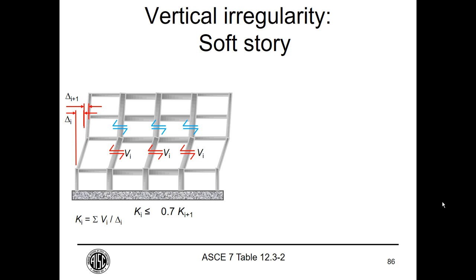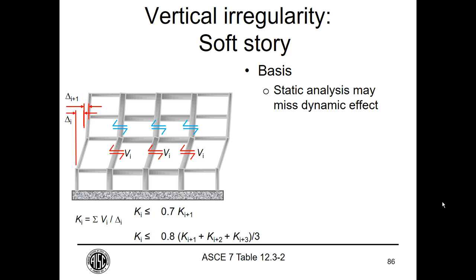If you are less than 70% of the stiffness of the story above, or less than 80% of the average stiffness of the 3 stories above, then you've got a problem. You've got the irregularity, and the code tells you to do a dynamic analysis.